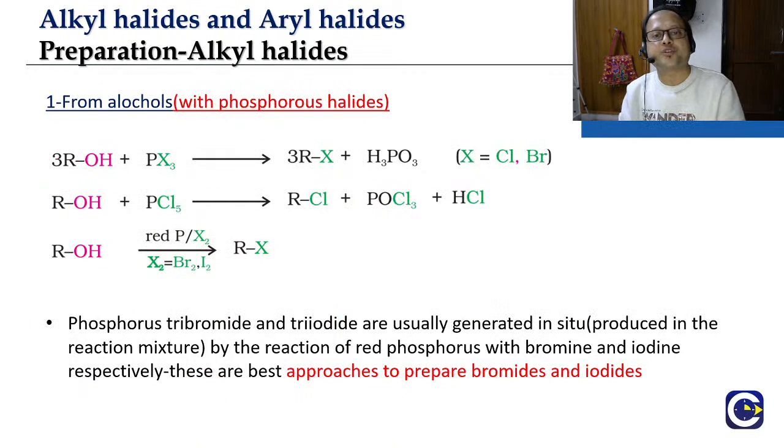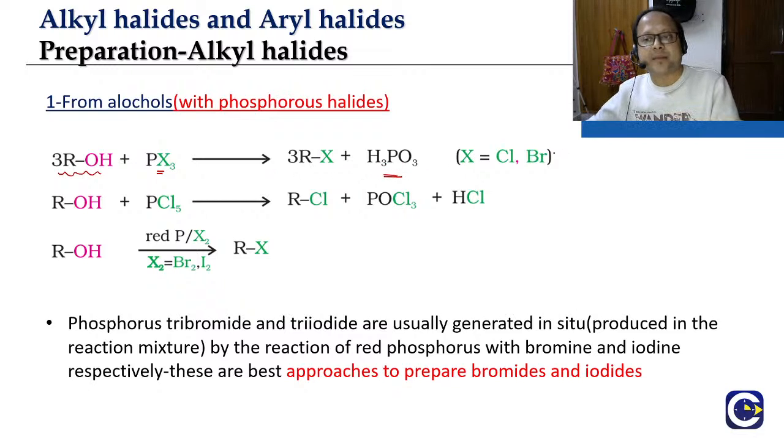Okay, now we talk about phosphorus halides, right? When you do it with phosphorus halides, if you balance it, 3 moles of halogens can be given, hence 3 moles of ROH is needed. So stoichiometrically 3 RX will be formed, and of course 3 OH is released, which will go with phosphorus, forming phosphorus acid.